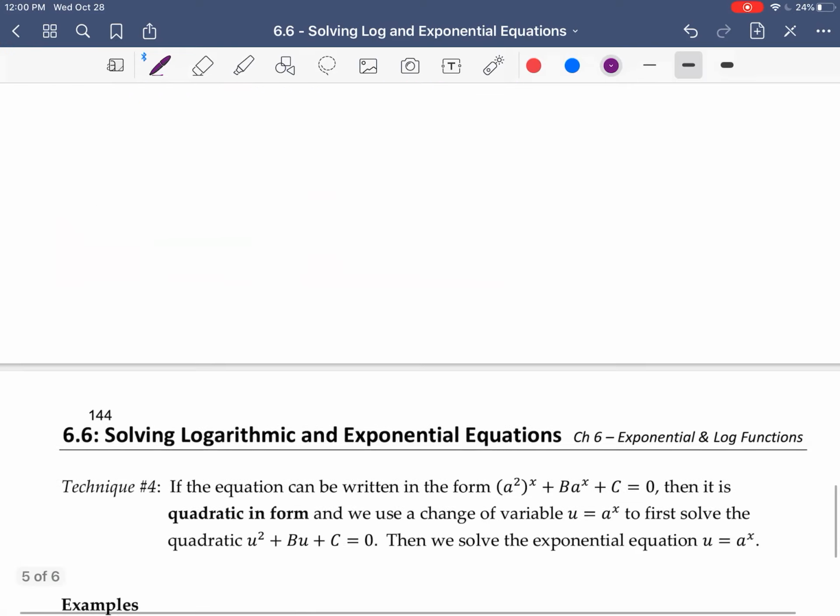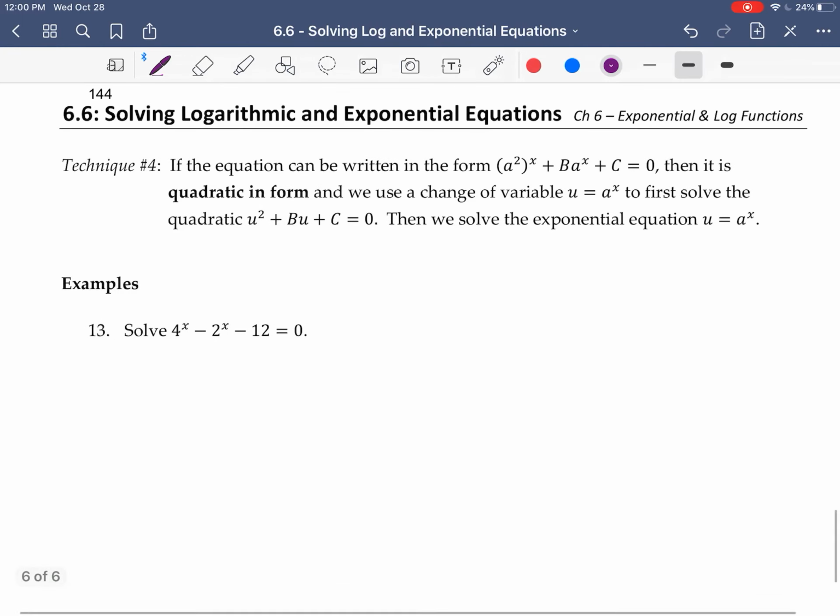Okay, now we could also have an exponential equation that we can write in quadratic form. So we did some of these without the exponentials, but we did quadratic form equations before.